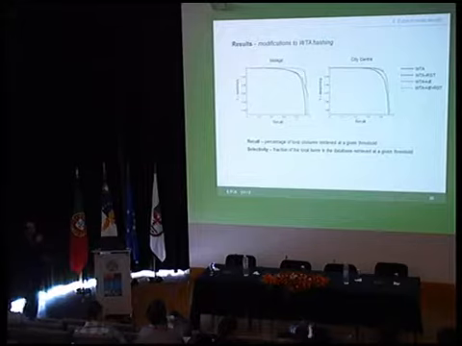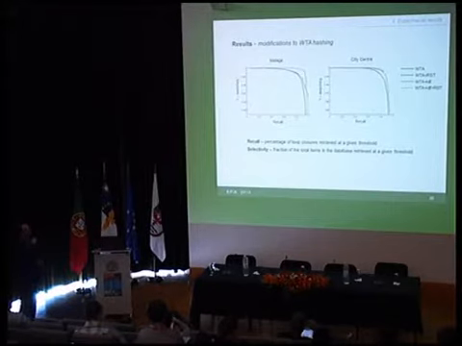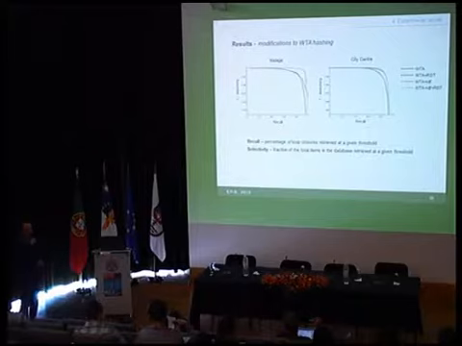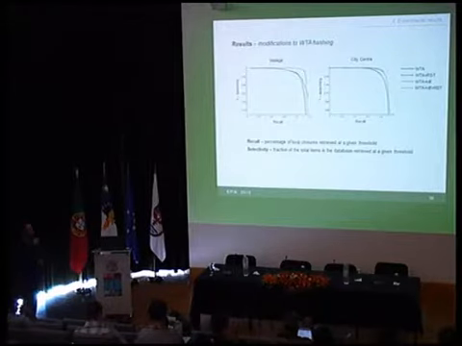First, we analyze the modifications to winner-take-all hashing. For this, we use the recall measure, which is the percentage of loop closures found for a given threshold.